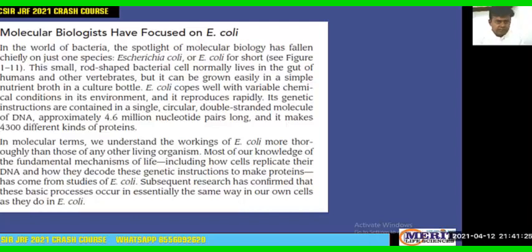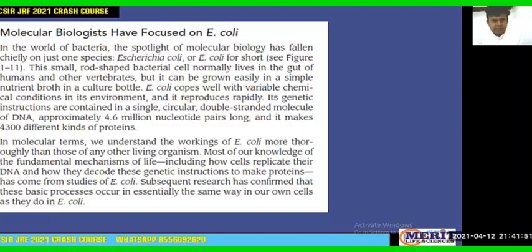And then you can see genetic instructions are contained in a single circular double-stranded molecule of DNA, approximately 4.6 million nucleotide pairs long, and it makes 4,300 different kinds of proteins. That is the unique feature of E. coli. So sometimes in molecular terms they are called the workhorse of molecular biology, right?